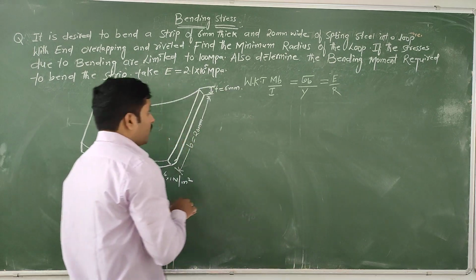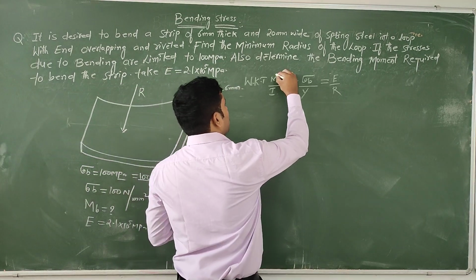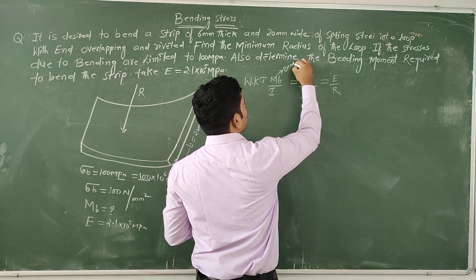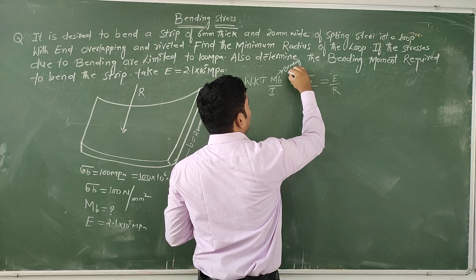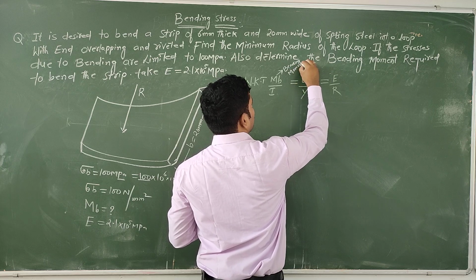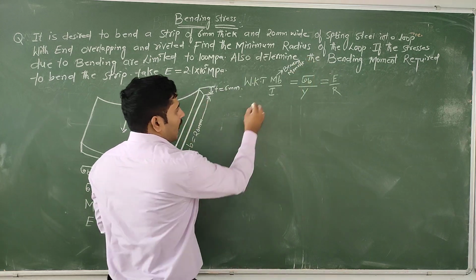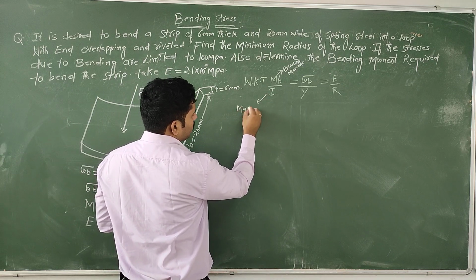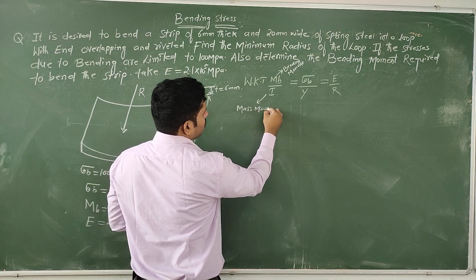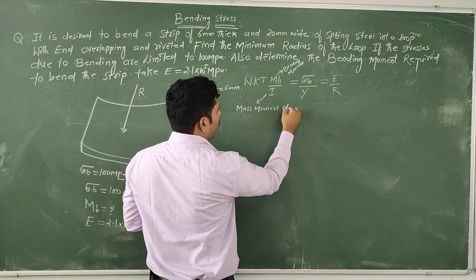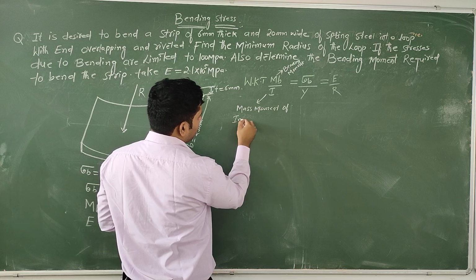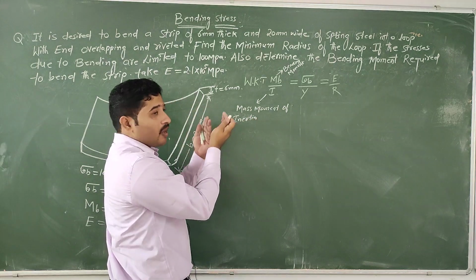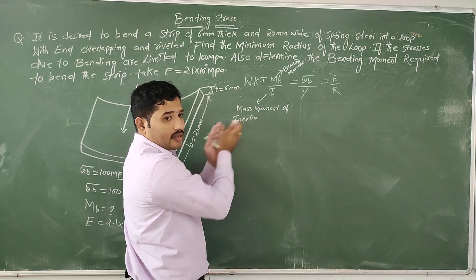So I will represent here M_b as the bending moment. I is the moment of inertia. If you are using a beam, then you have to go for the beam; if you are using a strip, then you have to go for the strip only.